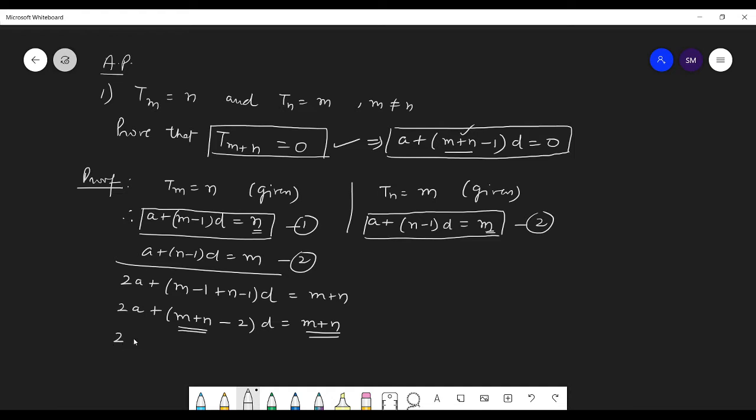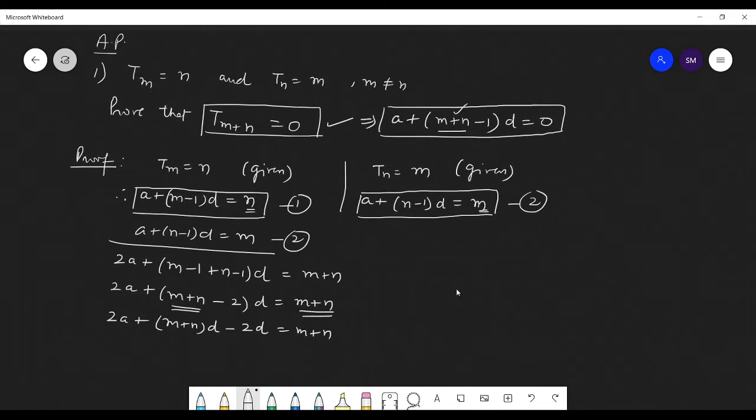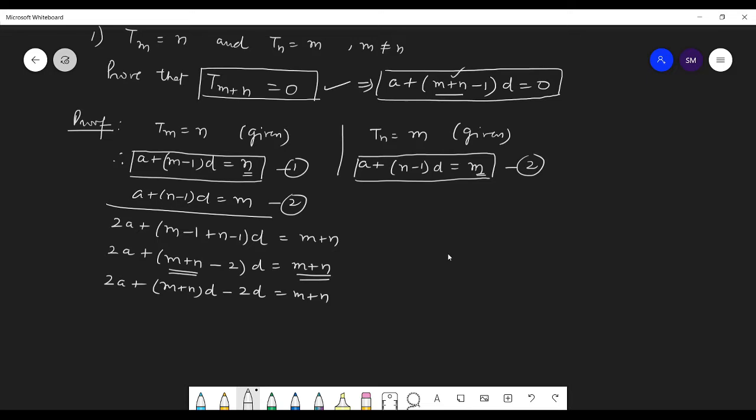How can we write it? 2a plus, I need to open this bracket. So what will it be? (m plus n) into d minus 2d is equal to m plus n. Is it okay, students?